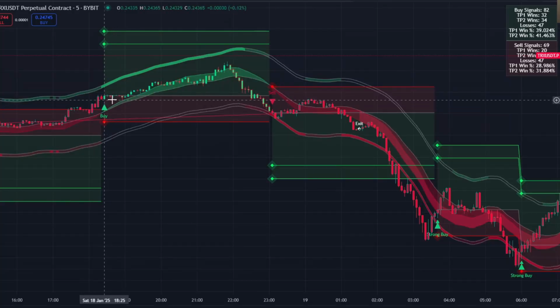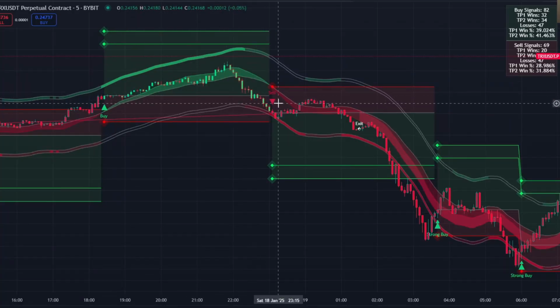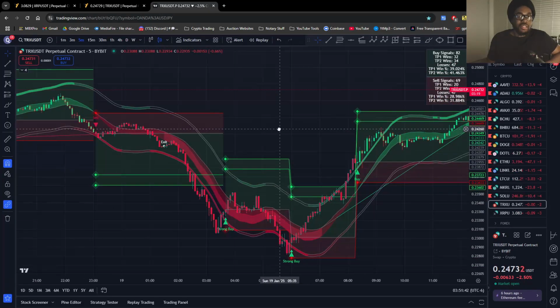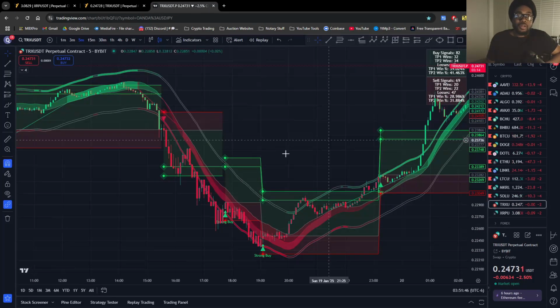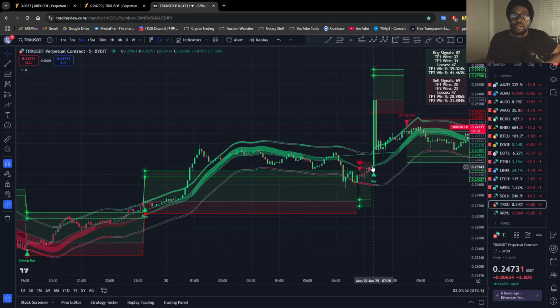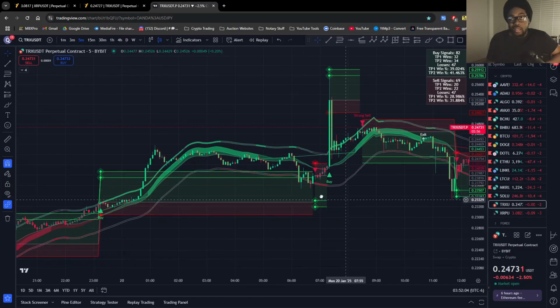For example, this trade right here went up a little bit, then went back down, but it didn't exactly hit your SL. So the numbers are going to be off. And sometimes the candles can also move very crazy, like right here. If you have a big candle like that and you entered the trade in the middle, technically you could have hit both your TP1 and your SL in one candle.